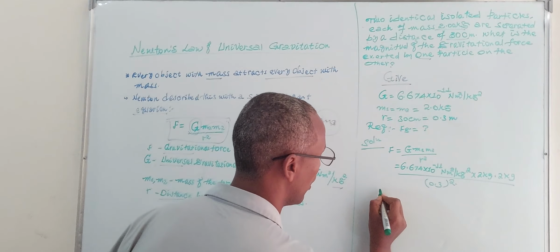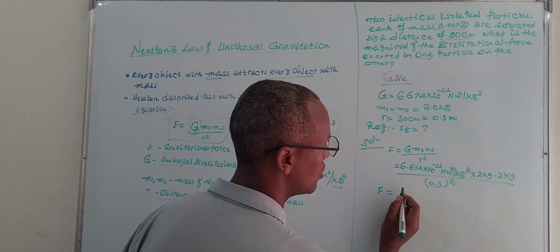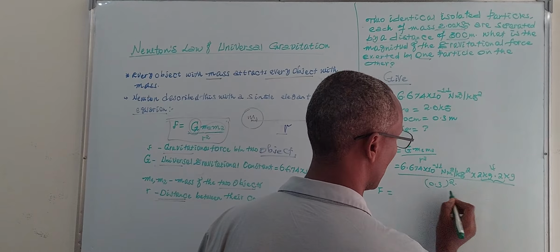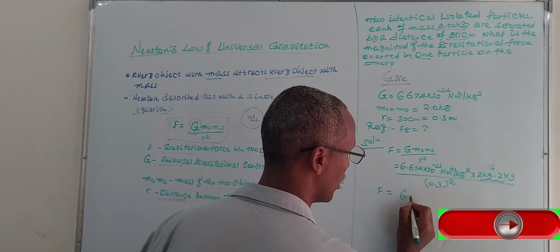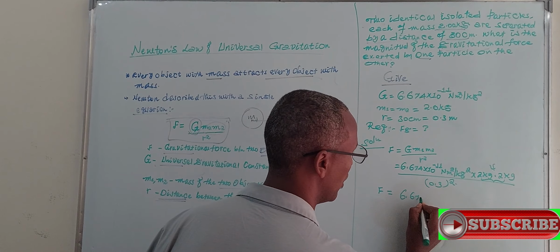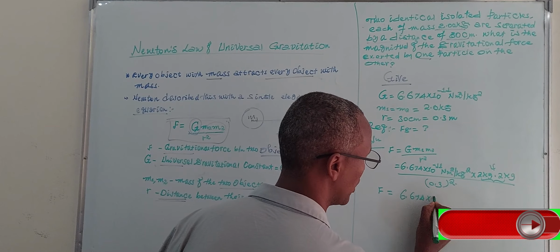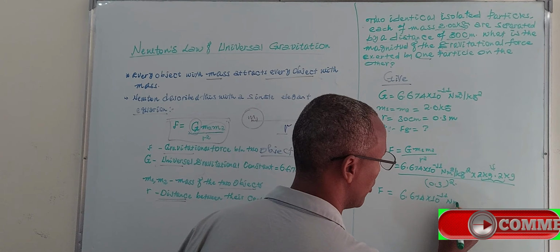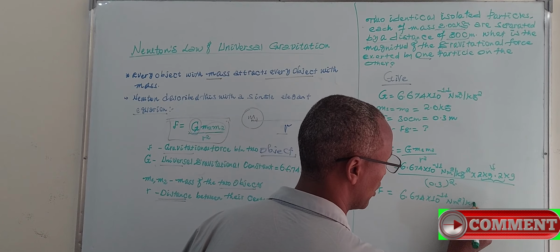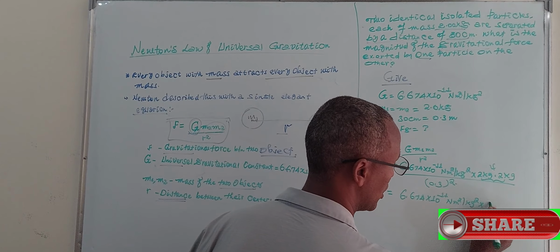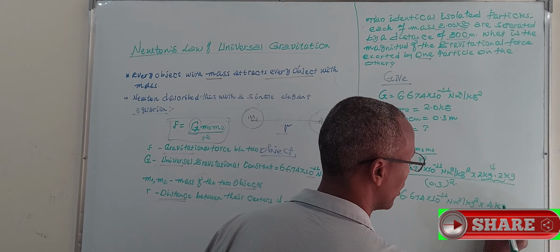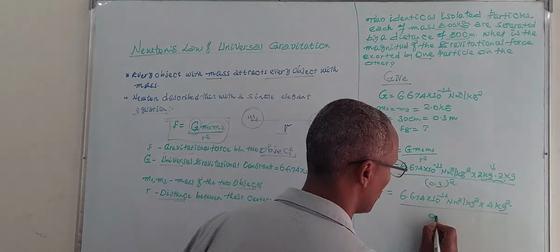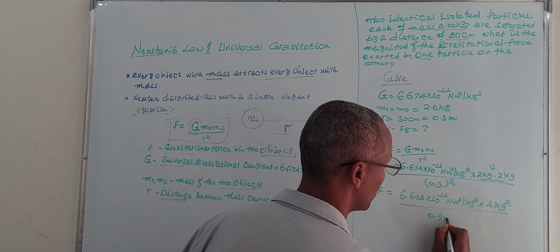And then the force is equal to, this term is 4, right? Let me rewrite over here: 6.674 multiplied by 10 raised to negative 11 Newton meter square per kilogram square, multiplied by 4 kilogram square, over 0.09 meter square basically.